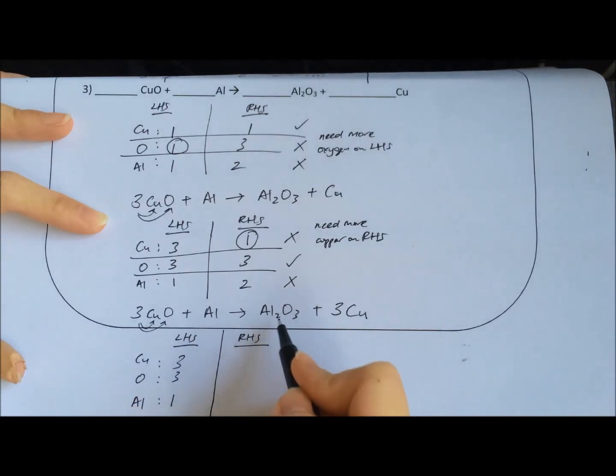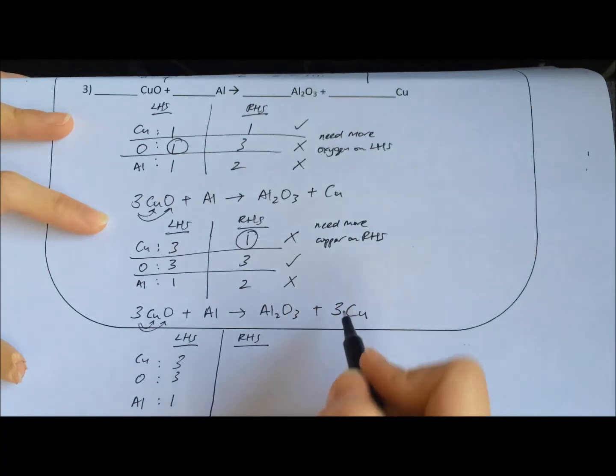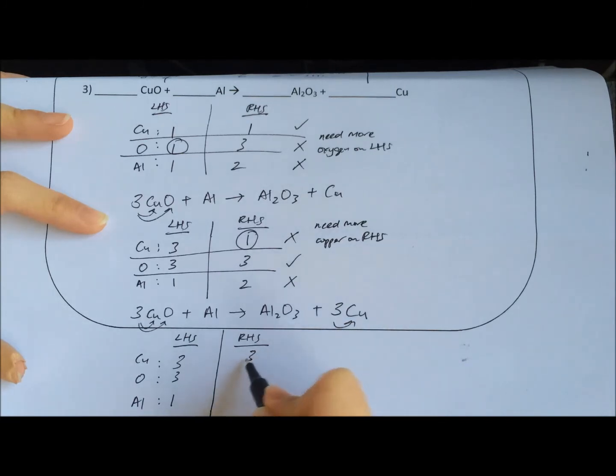Now right hand side, let's check. Cu, we have 3. Oxygen, we have 3. Aluminium, we have 2. So balance, balance, not balance.